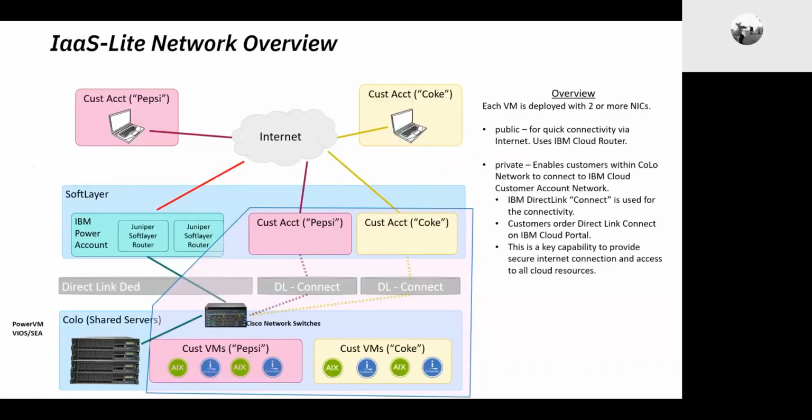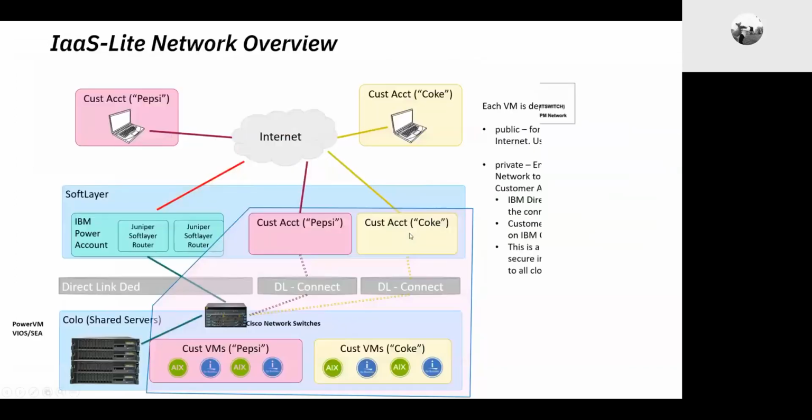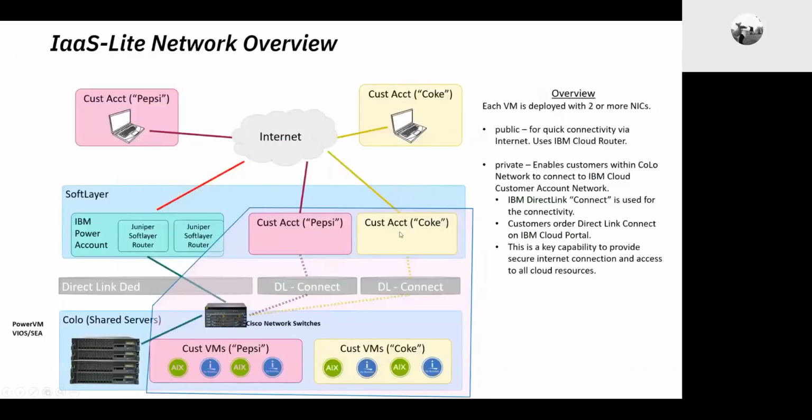Right. So going back to this chart, let's say the earlier question the gentleman had was this customer account Coke in the middle was a VMware vCenter server that had virtual machines on it. If I want to connect that VMware over to this Coke over here at the bottom, the Power Virtual Machine, and I want to use my private networking, I will have to order a direct link connect.